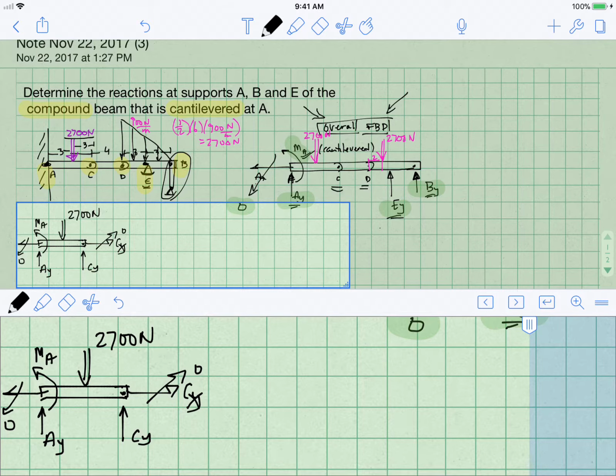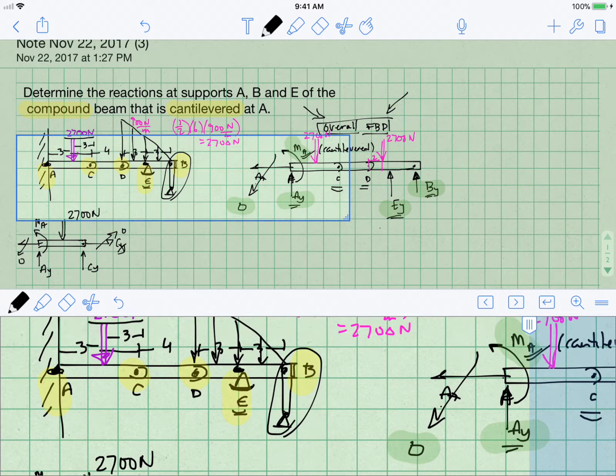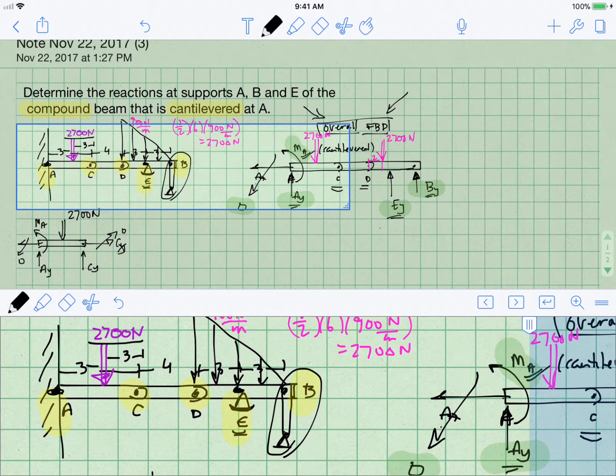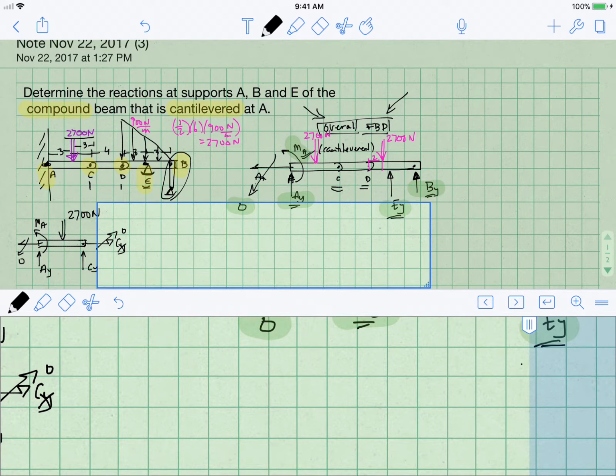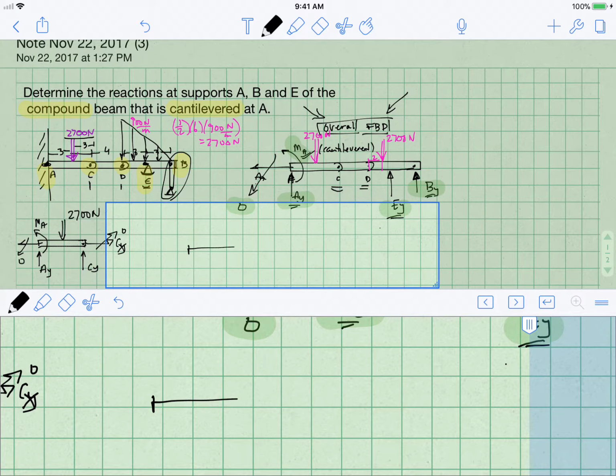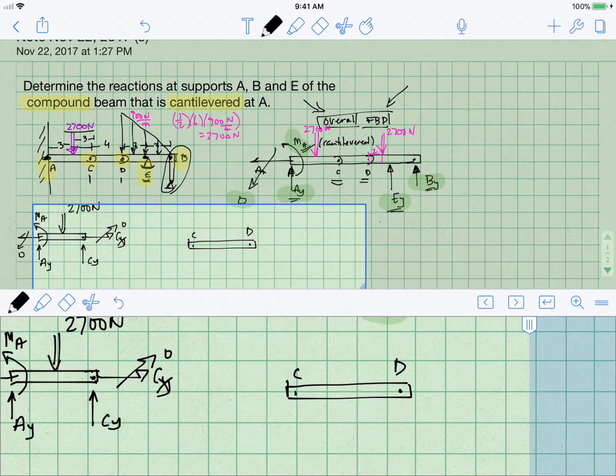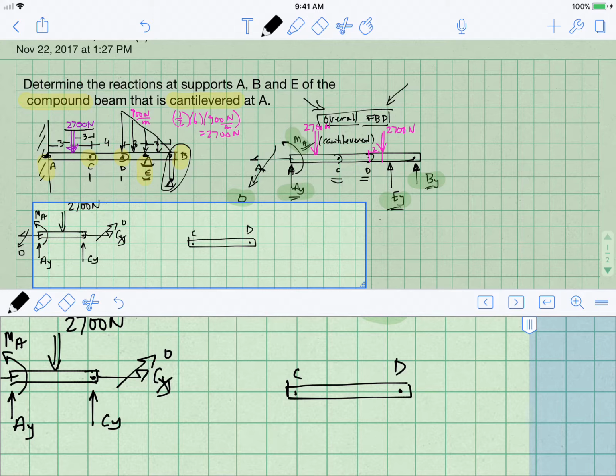So I'm going to leave that segment on hold for a little while and move on to the next segment, the segment that goes from C to D. Let's draw that as the next thing over. Here is my segment CD. That's C and that's D. This is what's really critical to do in this chapter where we're learning how to break things up.